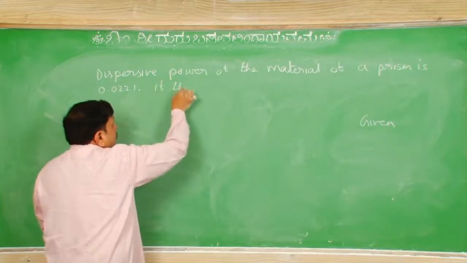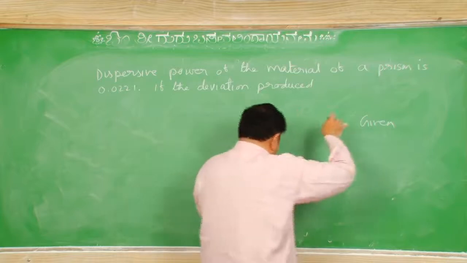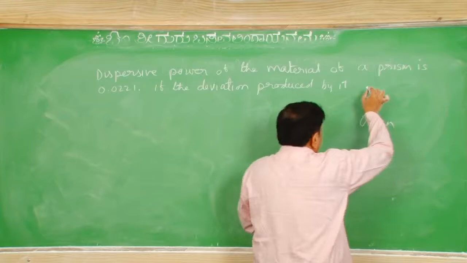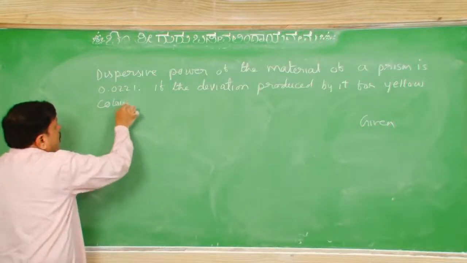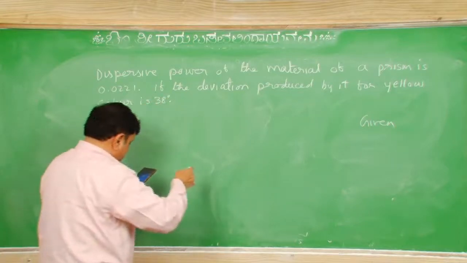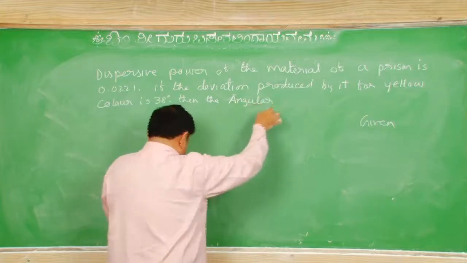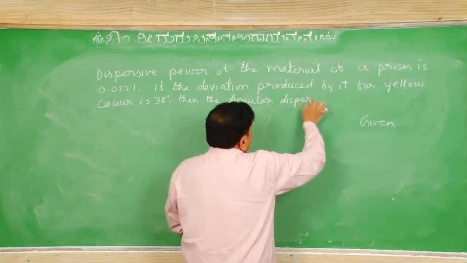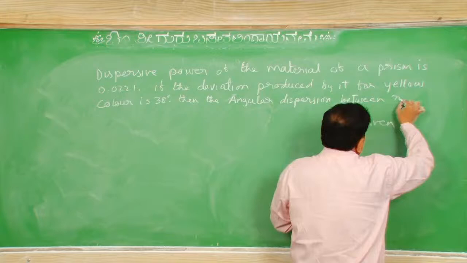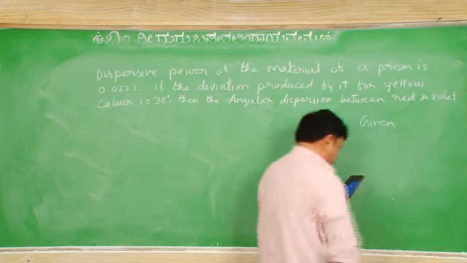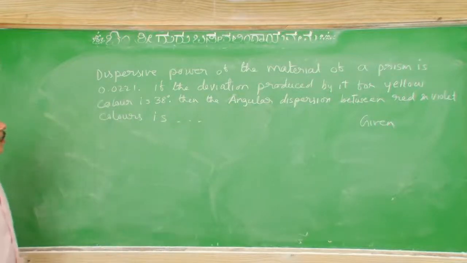If the deviation produced by it for yellow color is 38 degree, then the angular dispersion between red and violet colors is dash.